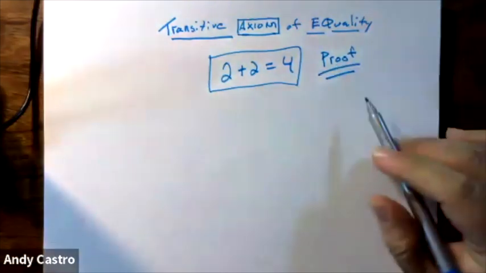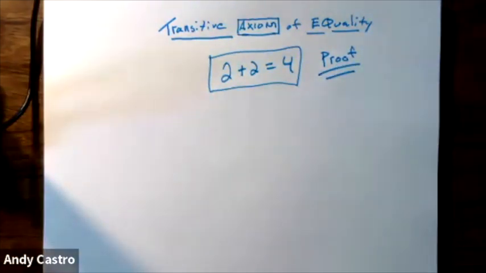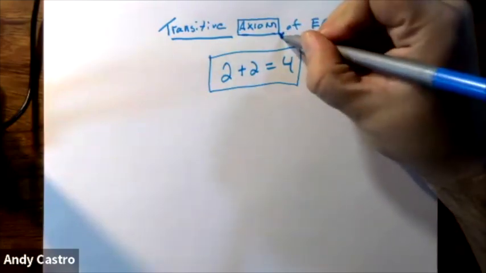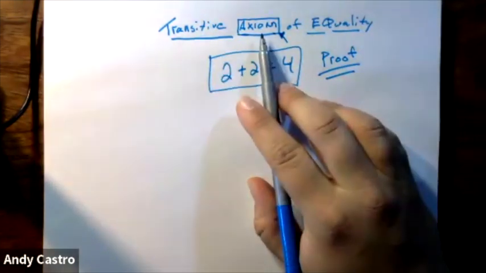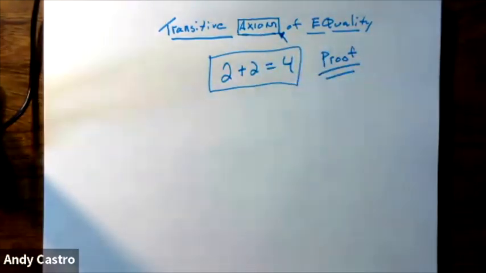If you take my geometry class in the future, we'll actually look at formal proofs. Formal proofs have been part of mathematics since the ancient Greek world. And all formal proofs start with axioms. Axioms are things that we assume to be true. So this transitive axiom of equality is something that we assume without proof to be true about equality.